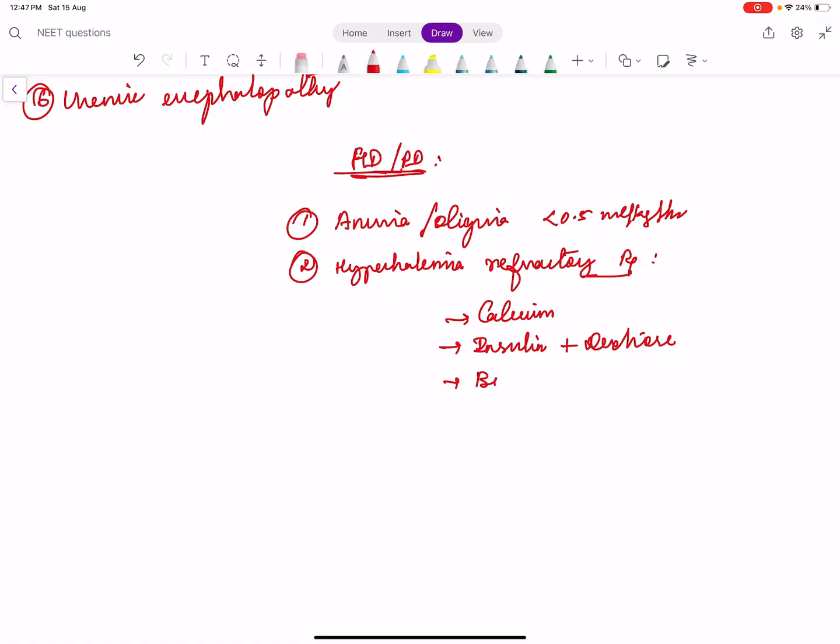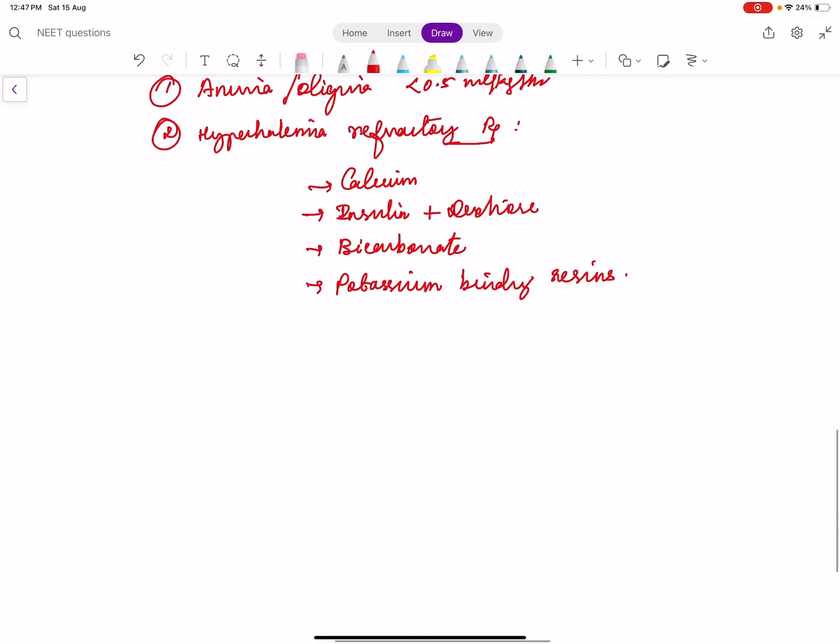Third is bicarbonate supplementation. Then potassium binding resins, like K-bind, are given. In spite of all this, if there is refractory hyperkalemia, we have to do dialysis.